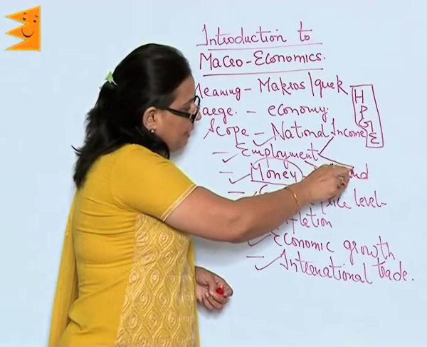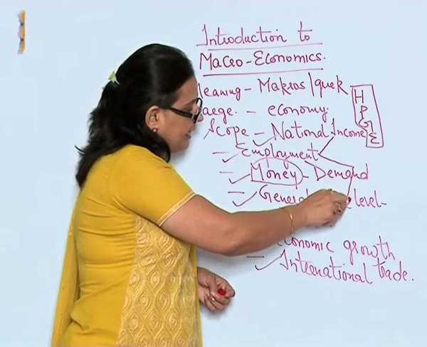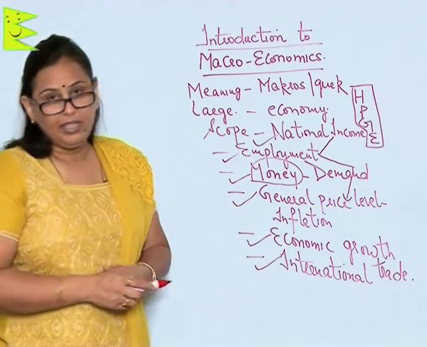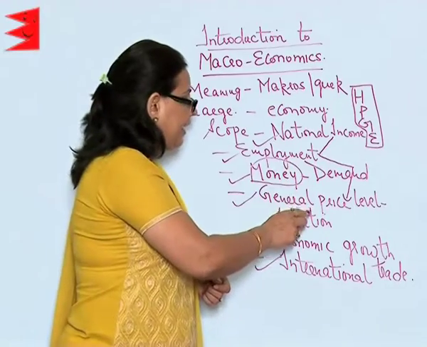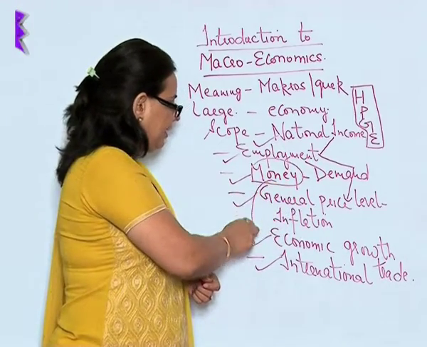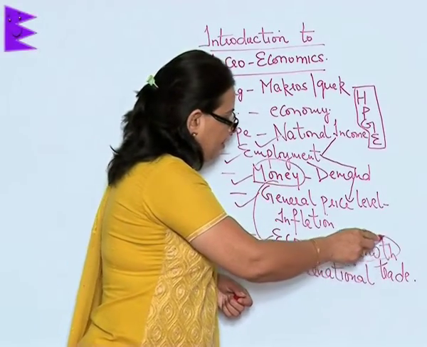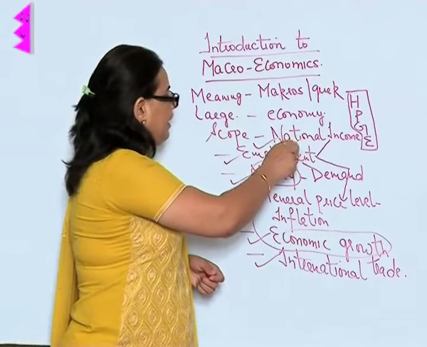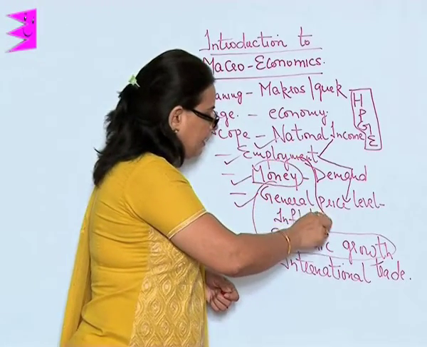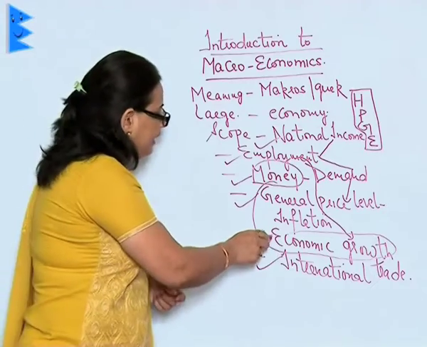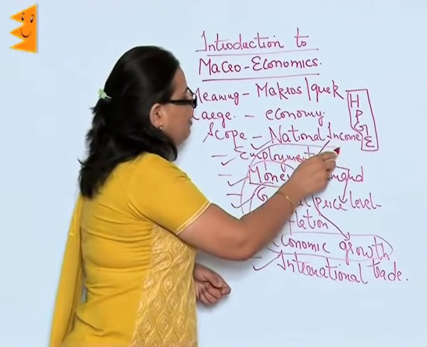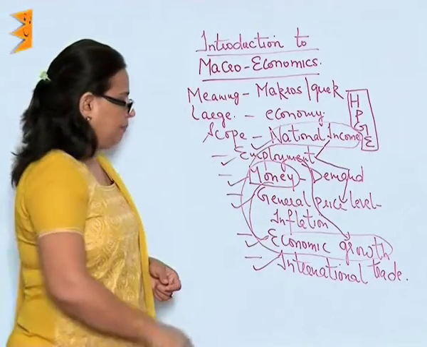Because of demand and supply, the price level of commodities will either increase or decrease. When there is money in the market, that means there is economic growth in the country. When there is generation of employment, that also means economic growth, and automatically all this will give a boost to the national income.